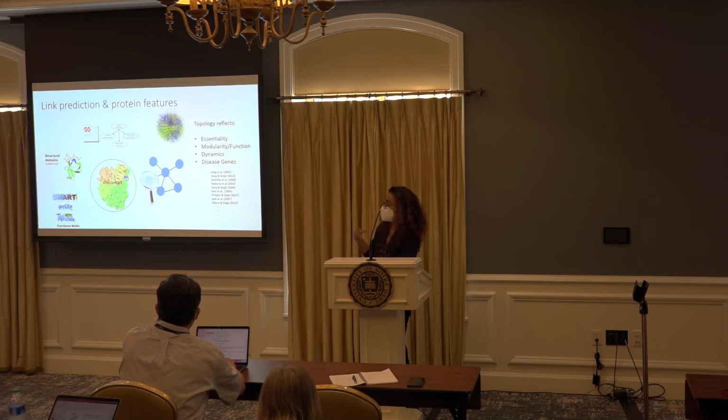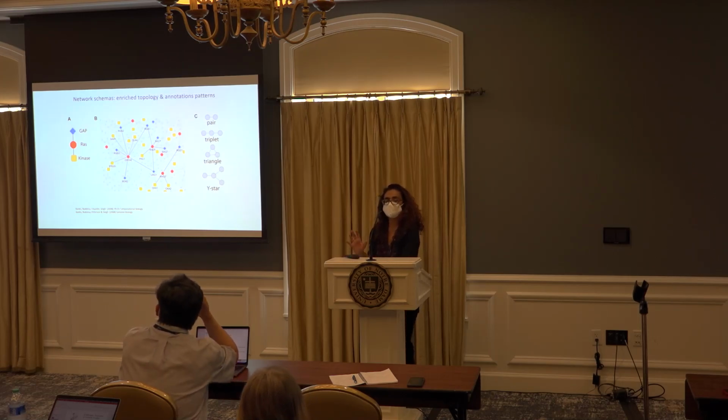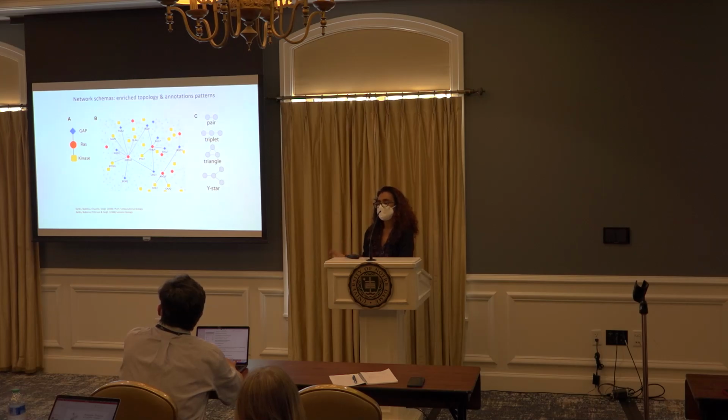They also know things about structures. They've also labeled these proteins with respect to what domains or peptides of functional importance they contain. So one thing we've thought a lot about in the past is, when you think about these networks, can we extend the topology-based measures just a little bit to include some of this additional information?